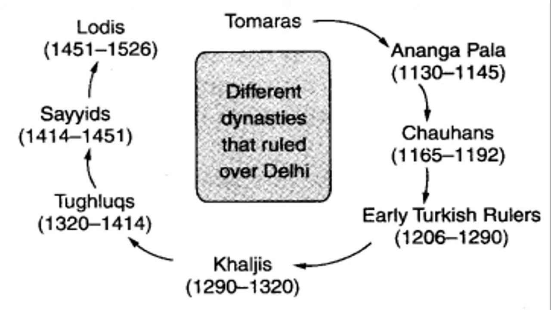This is a chart where you can see the Delhi Sultanate started with the Turkish rulers establishing their rule in India. Then various others also came and ruled. For example, Khaljis, Tughlaqs, Sayyid and Lodis.